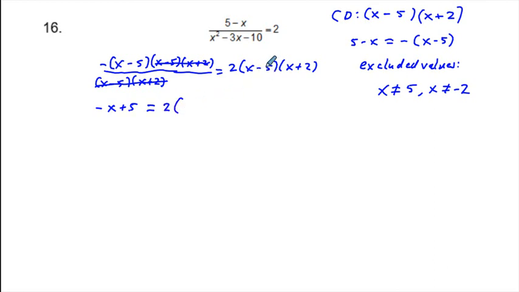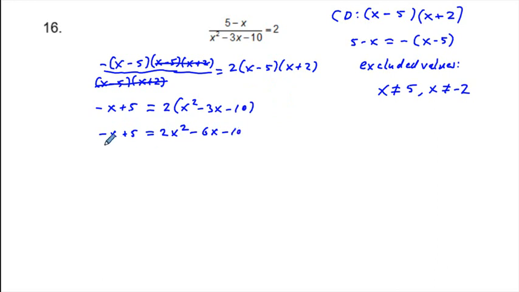2. I'm going to go ahead and multiply everything out. We have x squared, then we have minus 5x plus 2x is going to be minus 3x, and then we're going to have minus 10, which should make sense. So we have negative x plus 5 is equal to 2x squared minus 6x minus 10.